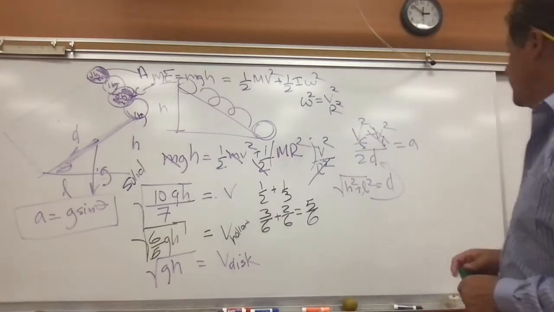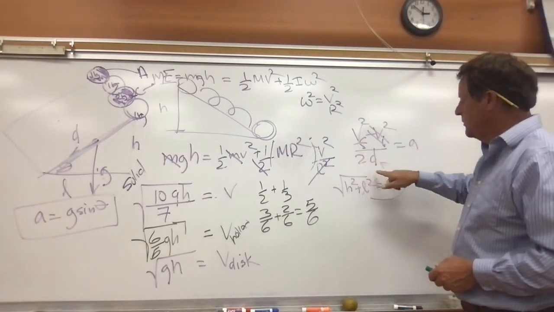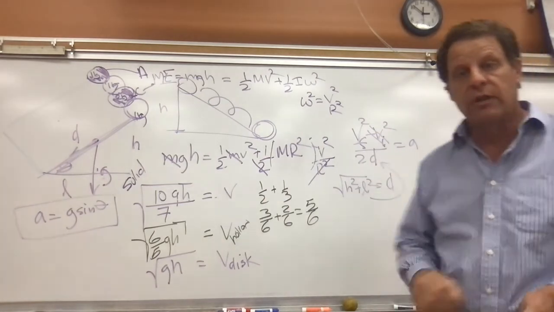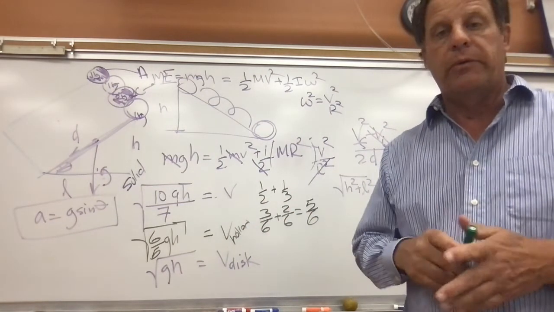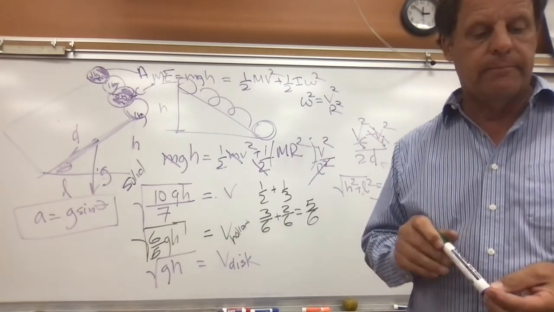So 1.42. So this would be 1.42 divided by 2. And if you just call that D, which is the length of the ramp, that would be fine because I didn't give you that. And then you could do the other ones for that.